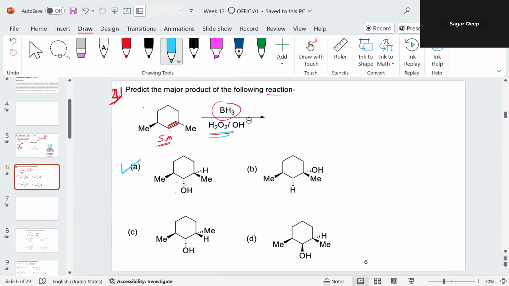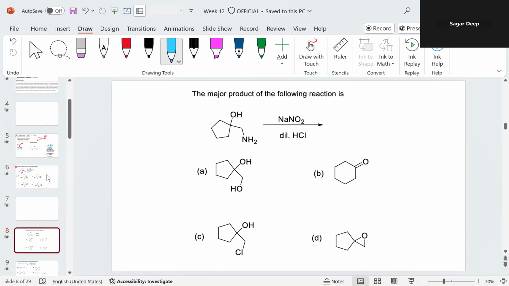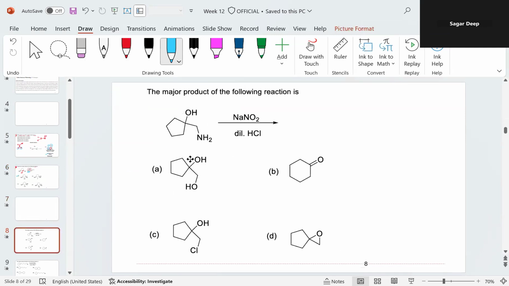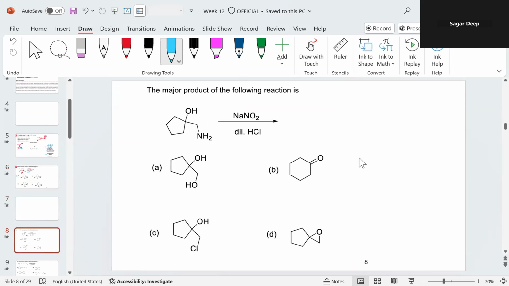Make sure you note down that this reaction is in the presence of hydrogen peroxide. You will get the correct product in this one. The next question is based on NaNO2, and this question was also covered in the last video.